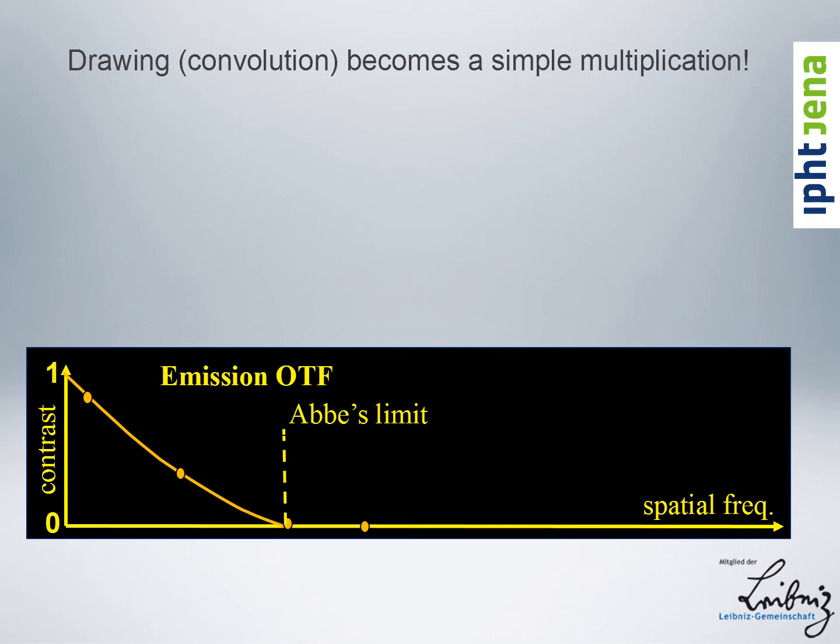And then you multiply the two together, so your object gets modulated by the transfer function. Therefore the name. For example, if the transfer function has a value of 0.1 here, it means that this original object component, whatever it may be, will be multiplied by 10%, by 0.1, and therefore dimmed down, transferred to a lesser degree compared, for example, to the zero frequency. So of course, at the Abbe limit, the transfer becomes 0, and therefore all information is deleted for higher frequencies.